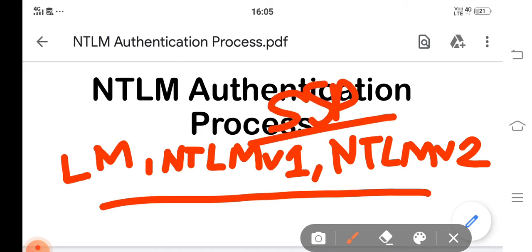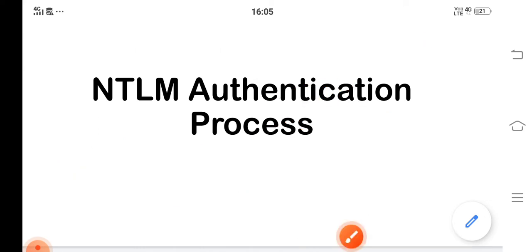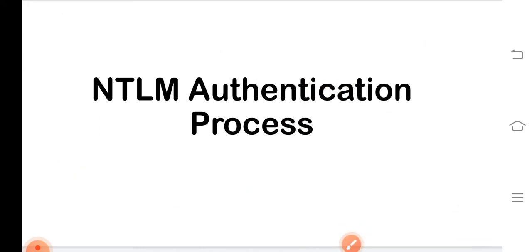The flow of the client authenticating to the domain controller using any of the NTLM protocols is demonstrated in the following steps. First step is the client types the username and password into the logon window.